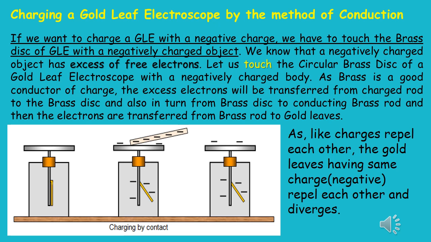That is why in the previous slide we told that if after touching the object with the brass disc, a divergence is seen in the gold leaf, we can conclude that the object has charge. If no divergence is seen, that means the object does not have any charge.